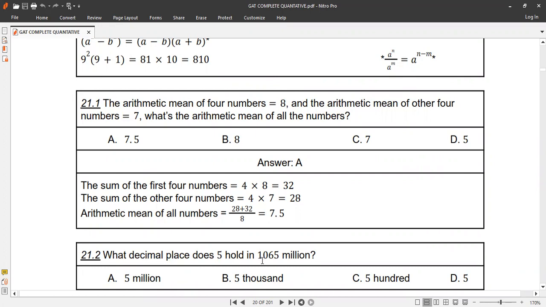Was the value place does 5 hold? 1065 millions, we can add 6 zeros to it. So it's millions. It's 5 millions, because he said 1065 millions. So 5 is in millions directly.